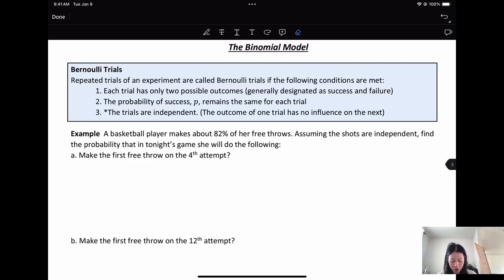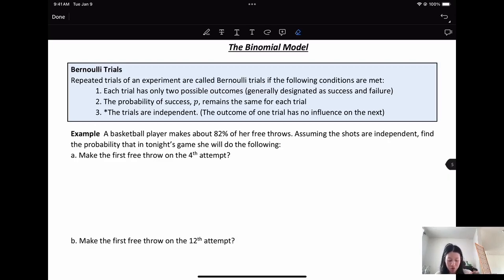Then find the probability that in tonight's game she will do the following. One, make the first free throw on the 4th attempt. That means she didn't make it for the first 3 attempts.